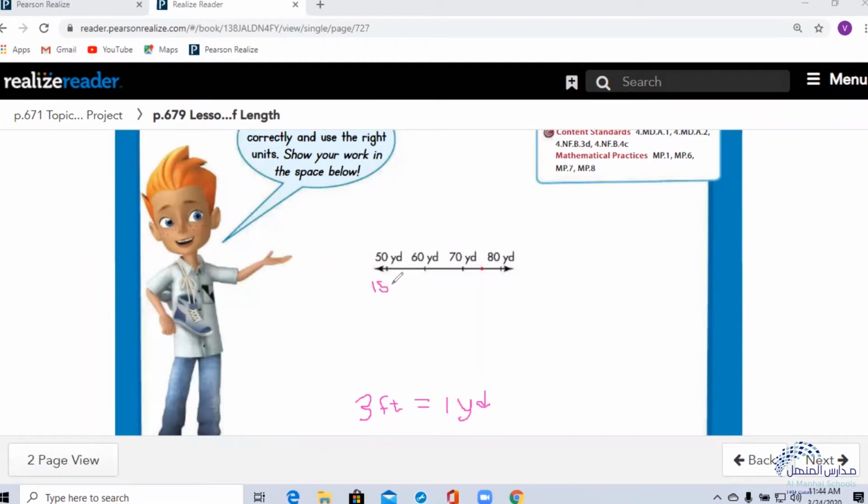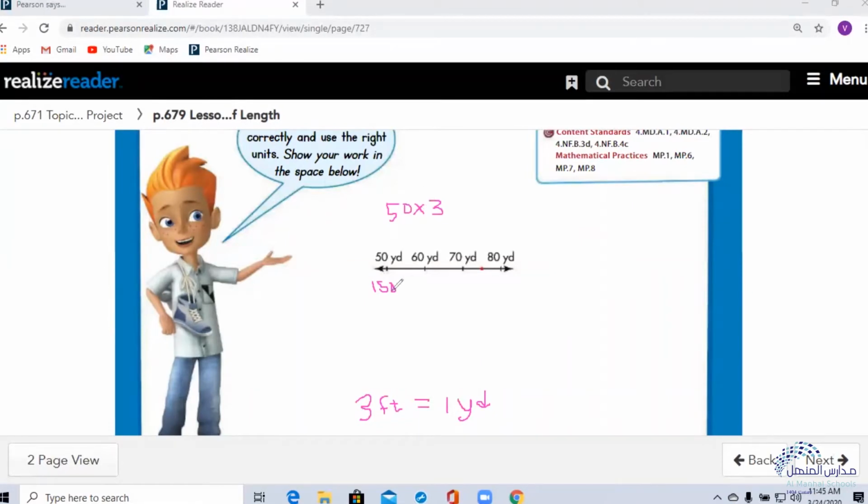How do I get that? 50 yards taken to feet is 50 times 3. I'm taking the big measurement to a smaller measurement, and I have to multiply.